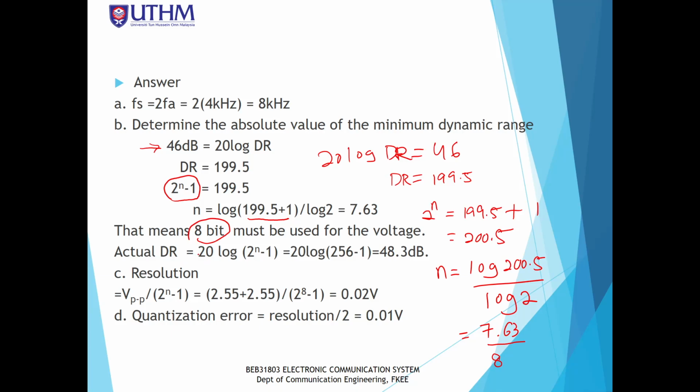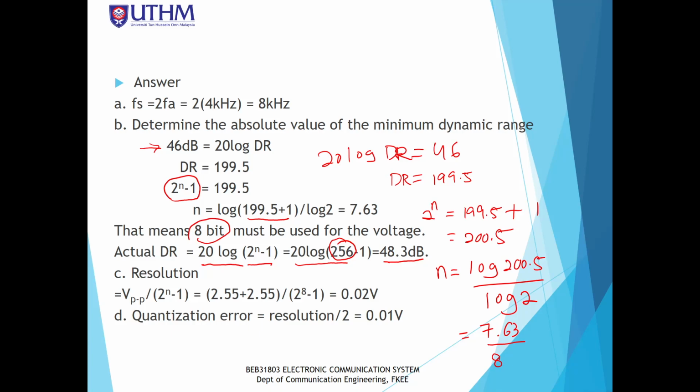So how much is the actual dynamic range? It would be 20 log 2 power of n minus 1. So n becomes 8, that means 20 log 2 power of 8. 2 power of 8 is equal to 256, and then minus 1. So we get 48.3 decibel. So this is the actual dynamic range if we use 8-bit.